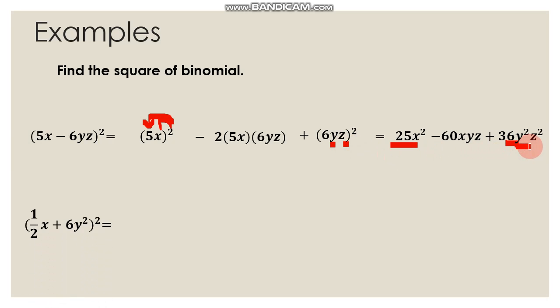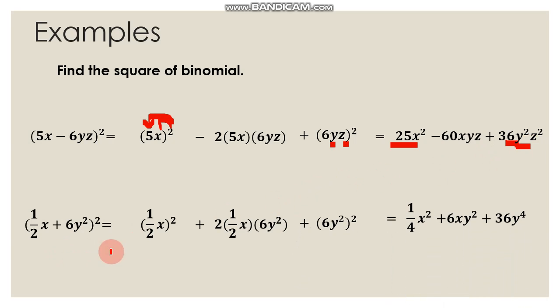Another one. The square of 1/2 x plus 6y squared. Again, square of the first term, twice the product of the two terms, and the square of the last term. Please observe. 1/2 x squared is equal to 1/4 x squared. So this one, we can cancel this.